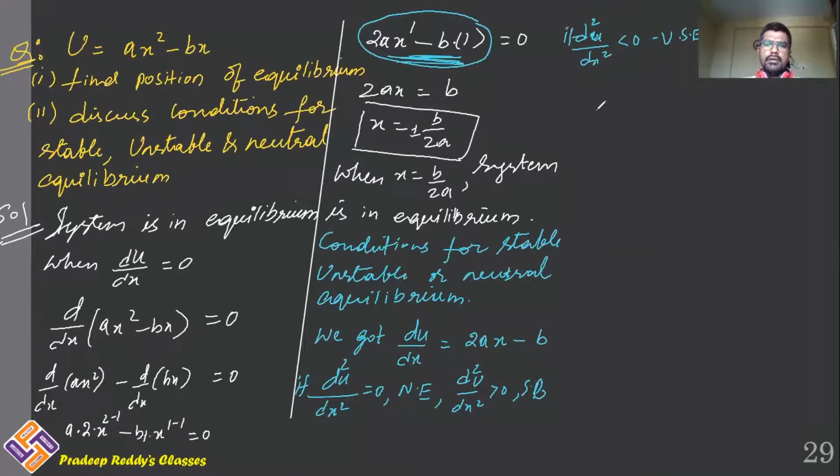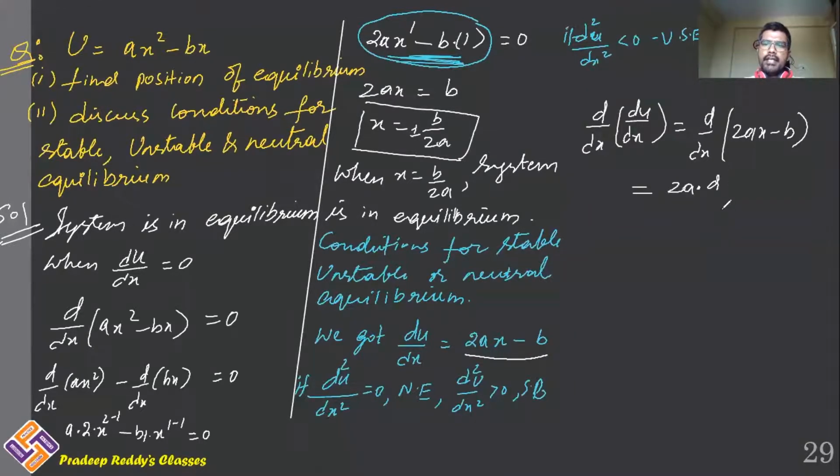What I do now? d by dx of du by dx is equal to d by dx of, what is du by dx? We have got this as 2ax minus b. Now differentiate this. It is 2a into d by dx of x minus d by dx of b. This is 2a into d by dx of x is 1 minus d by dx of b is constant, that will be equal to 0.